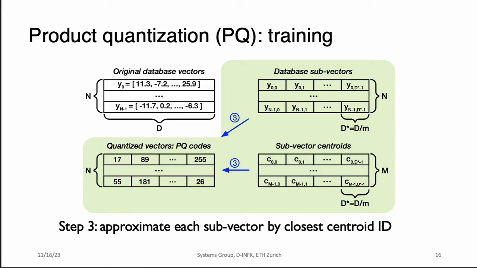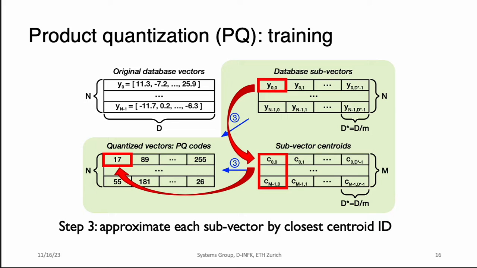And then once we have those centroids, for each database subvector, we can approximate it by its closest centroid vector. So we take the first sub-database vector, and we compare it against all the centroid vectors within the same subspace. And then we figure out that the 17th centroid is the closest to the database vector, so we just need to store 17 in the database instead of storing the original database subvector.